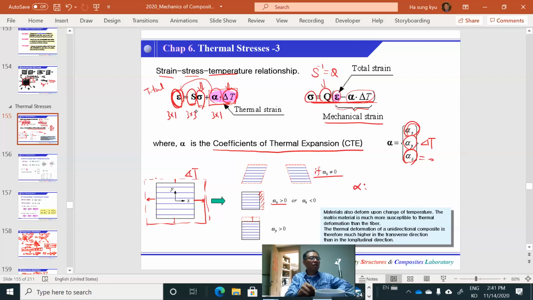So they contradict, and it doesn't make sense. So because of symmetry, alpha s has to always be 0. So we have two different material properties, alpha x and alpha y, and they are called CTE. But in general, you can say that we have alpha s.